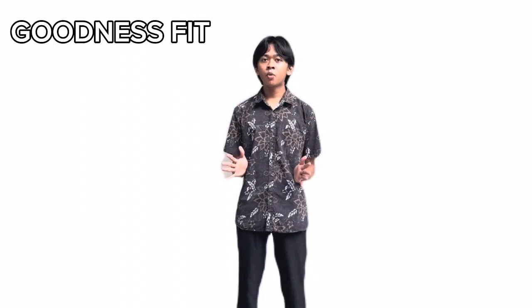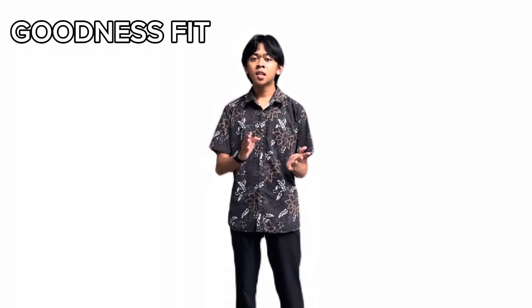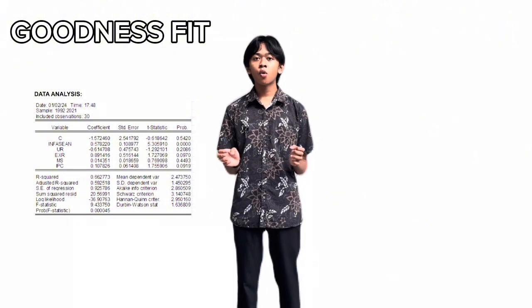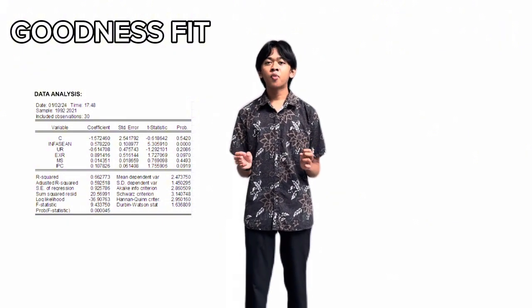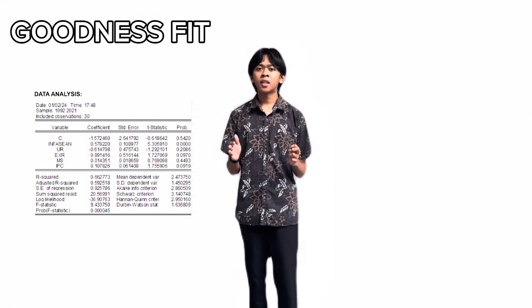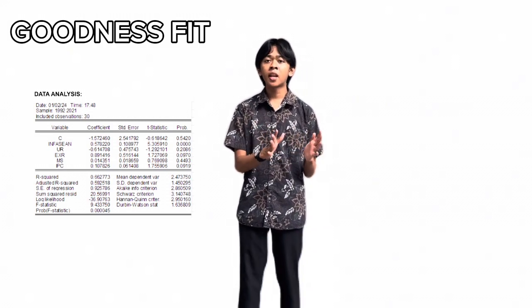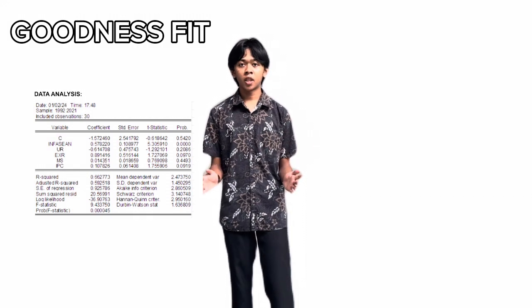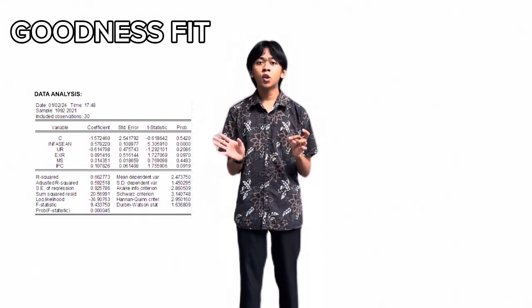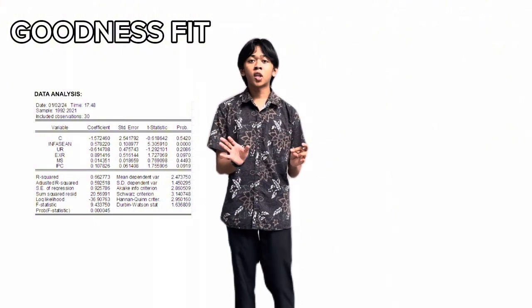Now we want to see whether our data is fitted or not by using our goodness of fit component, which is adjusted R-squared. This is basically a statistical test that determines how well our sample data fits the distribution from a population with a normal distribution. In other words, it looks at the discrepancy between the observed and expected values in the normal distribution. For the goodness of fit, we are using the adjusted R-squared value given in our multiple regression output.